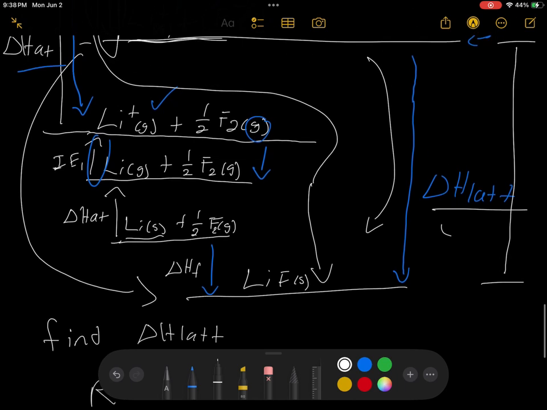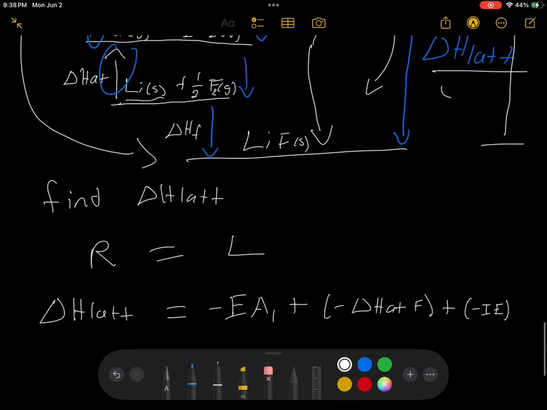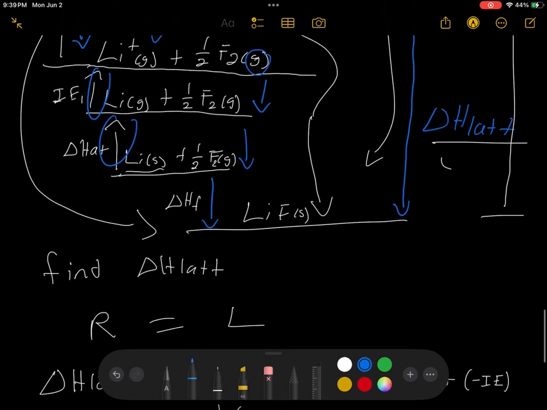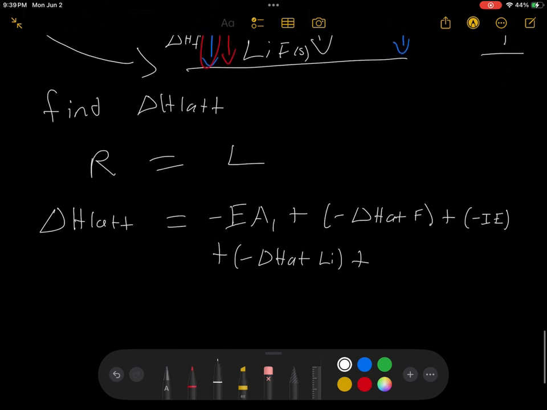Same thing, go down here, I'm against this arrow, so that's plus the negative of the atomization of lithium. And then for this final step, I'm going with the arrow, so that stays normal. So plus delta HF.